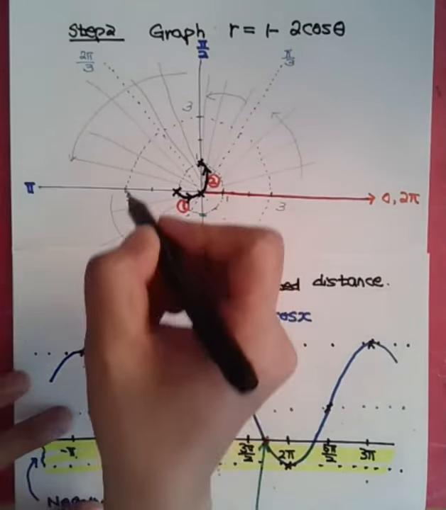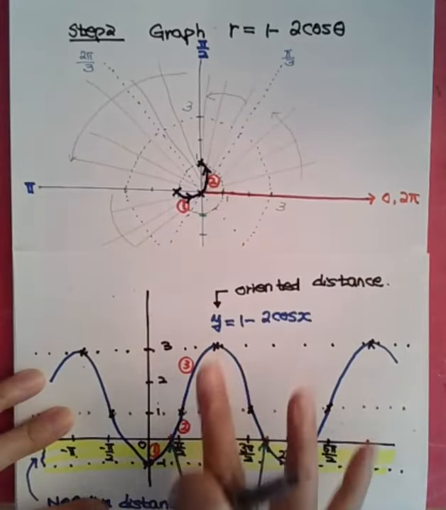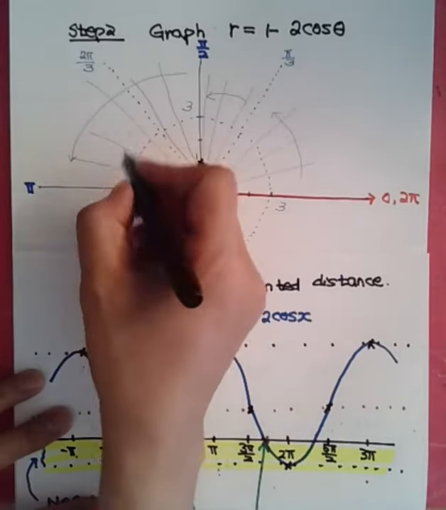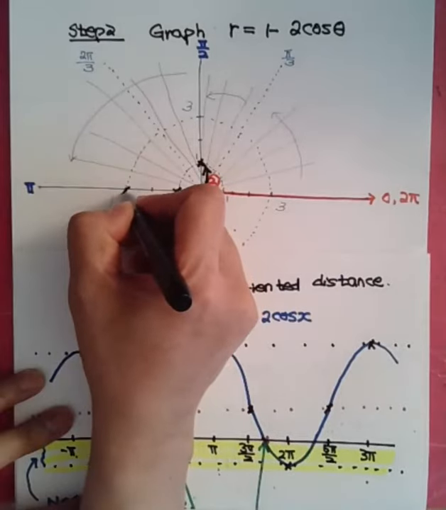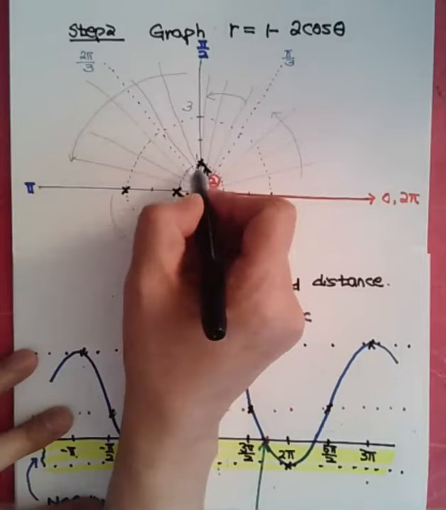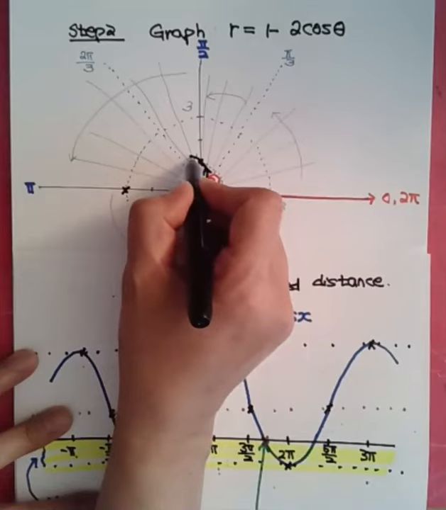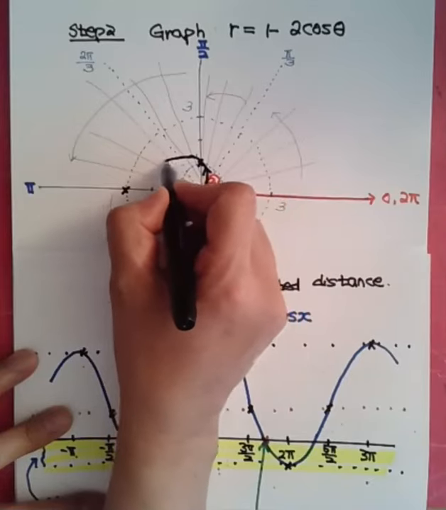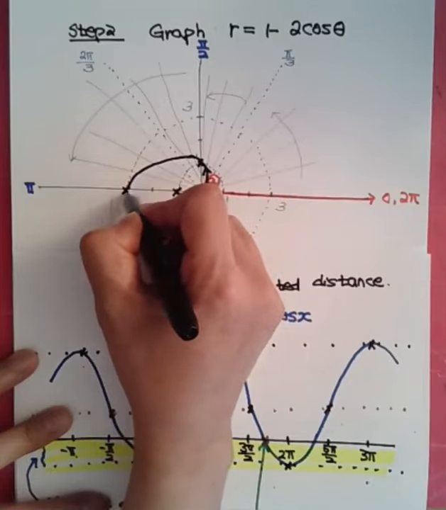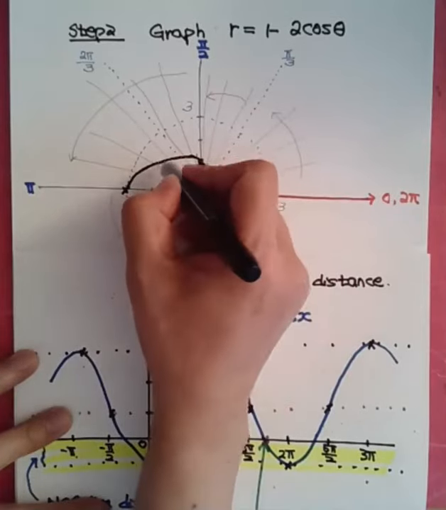When it becomes pi, the distance becomes 3, and it gradually increases the distance from the origin. So the graph will look like this.